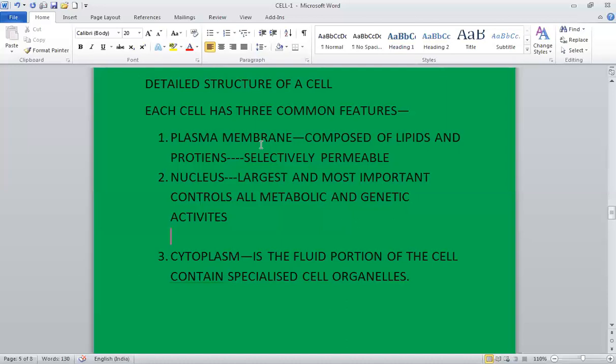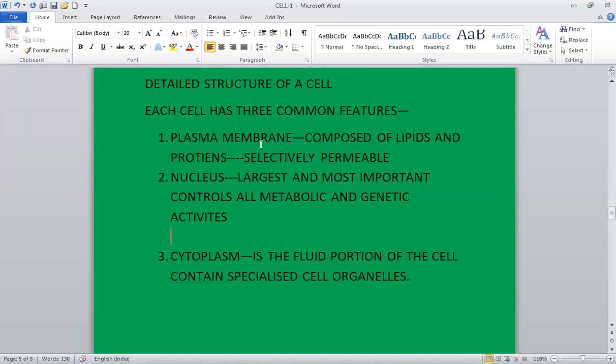Passive transport means movement of molecules along the concentration gradient, from higher concentration to lower concentration, without using any energy, as in diffusion and osmosis.